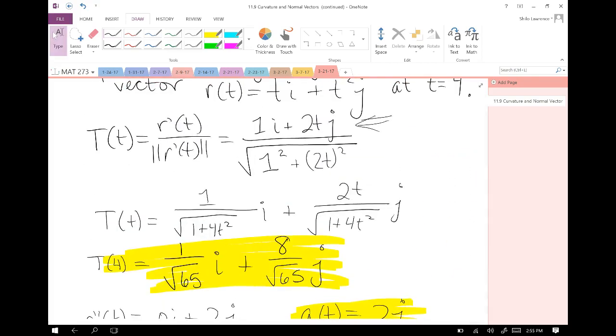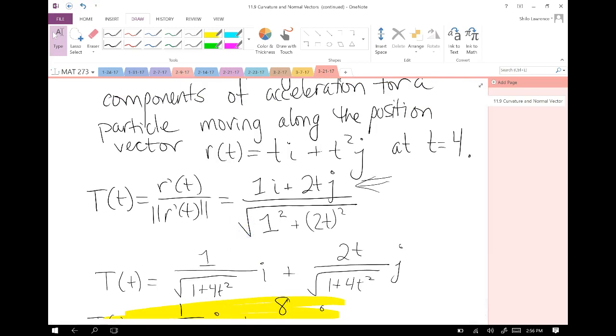What was v? And we can go ahead and plug our 4 in because we're done doing derivatives. Okay, so here was v of t. R prime is the same as v. It's 1i plus 8j, because we're doing this at t equals 4.